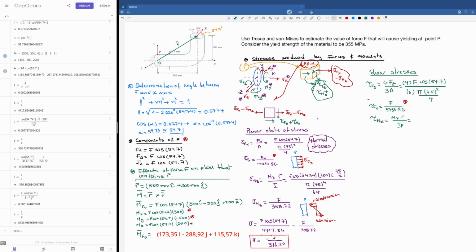So moment x is this much here. We're going to have then F cosine of 54.7 times 300 times the radius, which is 75 divided by 2. Then we have the polar moment of inertia, and that's going to be pi times the diameter to the power 4 divided by 32.